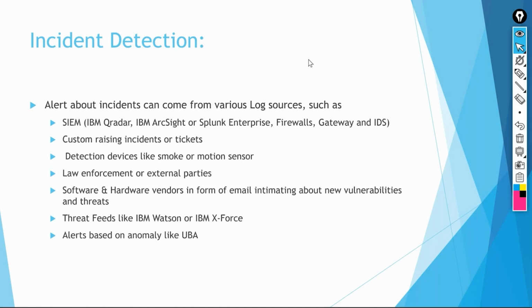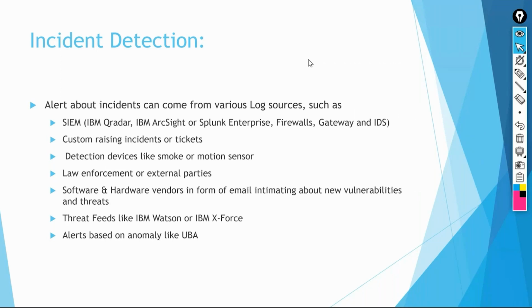The incident can come from detection devices like smoke or motion sensors, which are related to physical security. An incident can come from law enforcement or external parties as well. Software and hardware vendors can also intimate us about new vulnerabilities and threats.